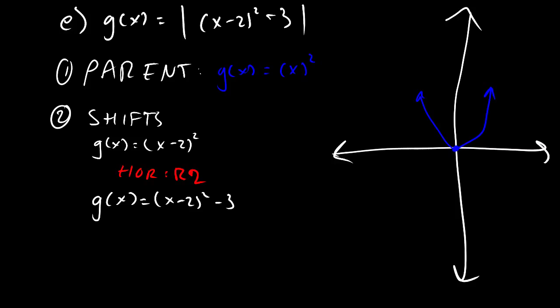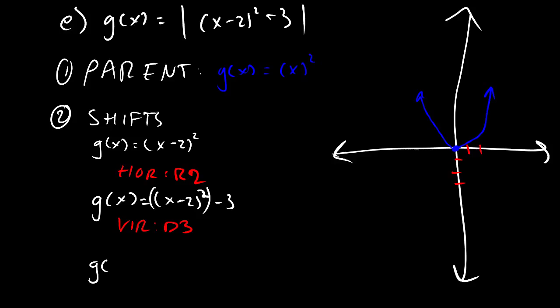And we're going to subtract 3 off of that. So if we're subtracting off of a quantity, then we're thinking vertical. And we're thinking negative 3, so we're going down 3. So right 2, 1, 2, 3, going down.